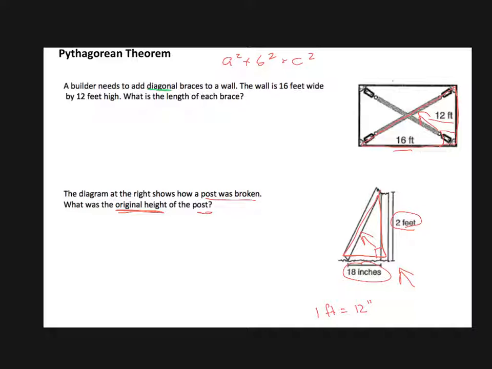And then I think it's best if you work in inches for the whole problem. You're going to end up finding this length, and we want to know how tall it was originally, right? That's your final answer. So don't just put the answer of the Pythagorean theorem, you have to answer the actual question. All right, that's the end of Unit 1 review.